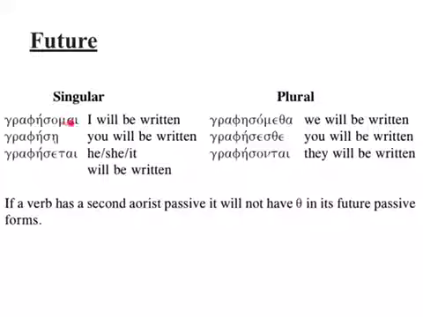And notice that it's in the mai, sai, tai, methis de, ntai endings, which is usually known for the middle passive anyway. But the future passive will have the eta in it. So there's a distinction between the future middle and the future passive, and the only difference would be the theta eta or the eta.